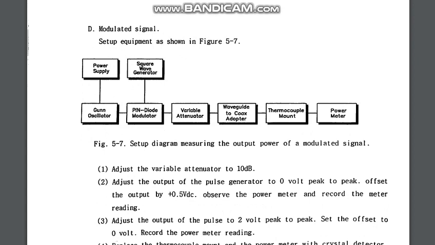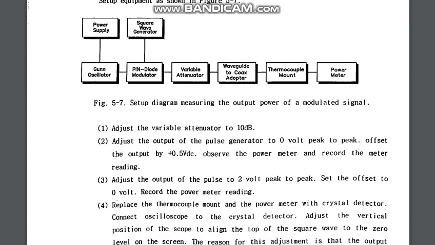Now set up measuring the output power of a modulated signal. That means if it is a modulated signal, how can you find out the power from that? Simple. Modulated signal means the setup requirements are quite similar to experiment number 2. Power supply, gun oscillator, PIN diode with a square wave generator, variable attenuator, then waveguide to coaxial adapter, then go through the thermocouple mount, and you will find the power meter reading.